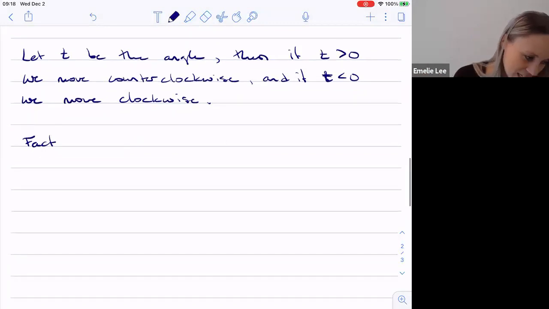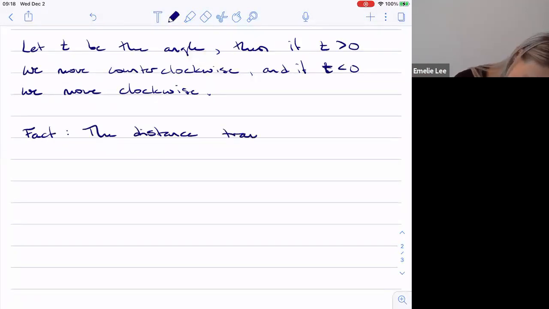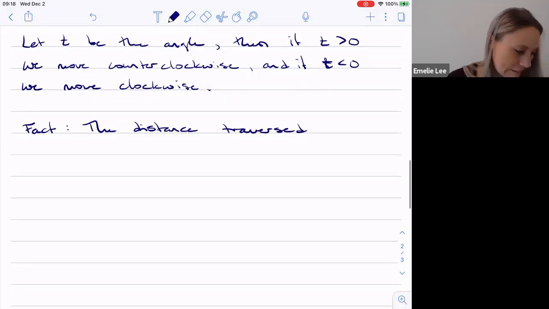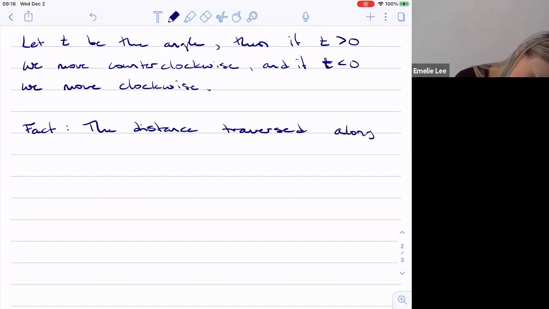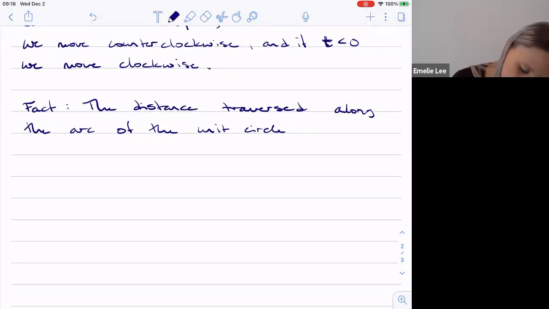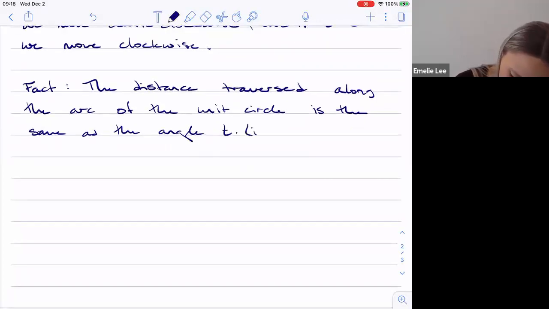So a little fun fact is that the distance traversed along the arc of the unit circle is the same as the angle t, okay, in radians.